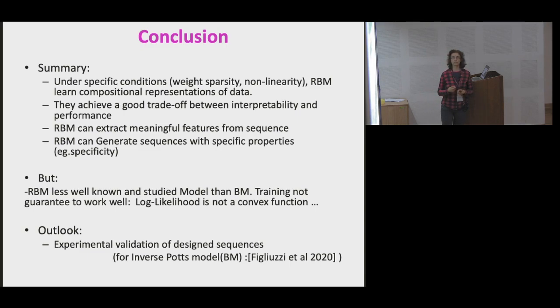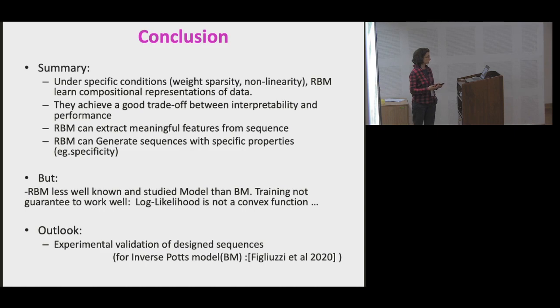And they can be used to generate sequences even with specific properties. But RBMs are a less well-known and studied model than, for example, network models, and the training can be difficult. It is not guaranteed to work well.